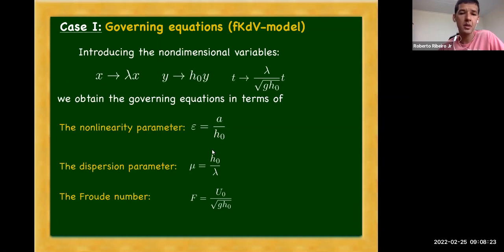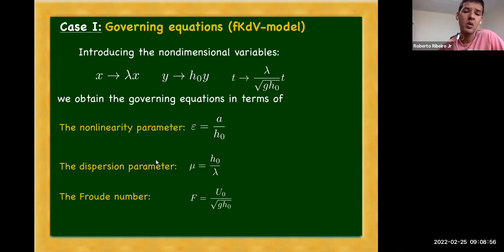For this purpose, we make some change of variables, as shown here, and after some manipulation, we obtain that the governing equations, the Euler equations, are given in terms of three parameters: epsilon, mu, and F. The parameter epsilon controls the nonlinearity of the problem.